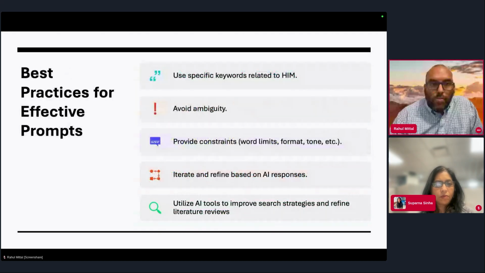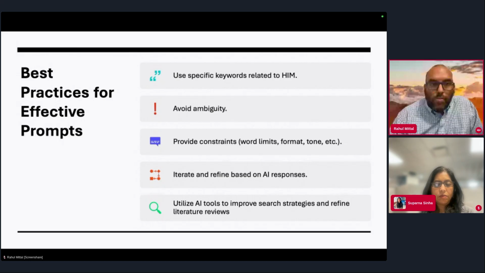The things I've been trying to teach my students, when they're using large language models in the course, is to use specific keywords related to HIM, to avoid ambiguity, and also to provide constraints.